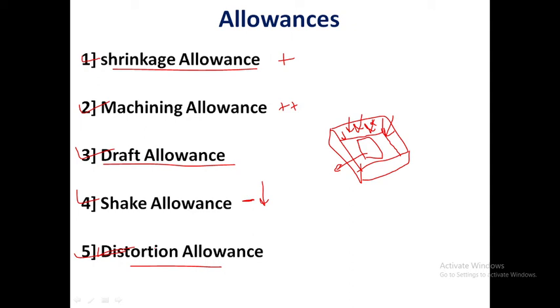If it has a long flat casting, or arms of unequal thickness, that means irregular shapes, it is nothing but a distortion. So for that, this distortion allowance is also provided to the pattern. This is what we have seen, the different pattern allowances.